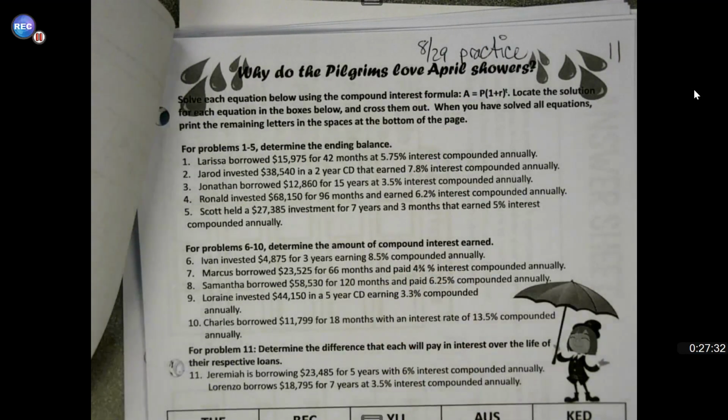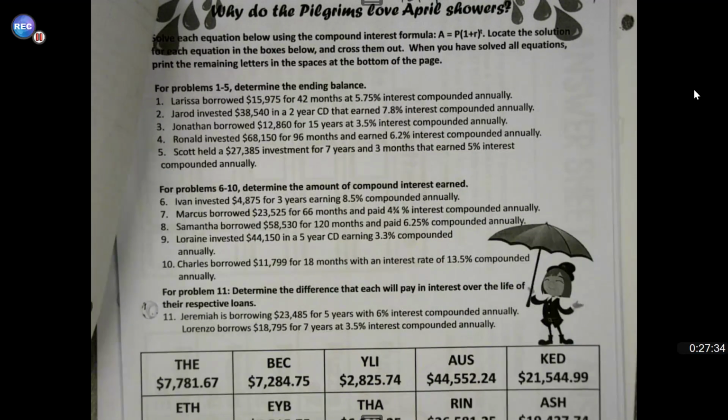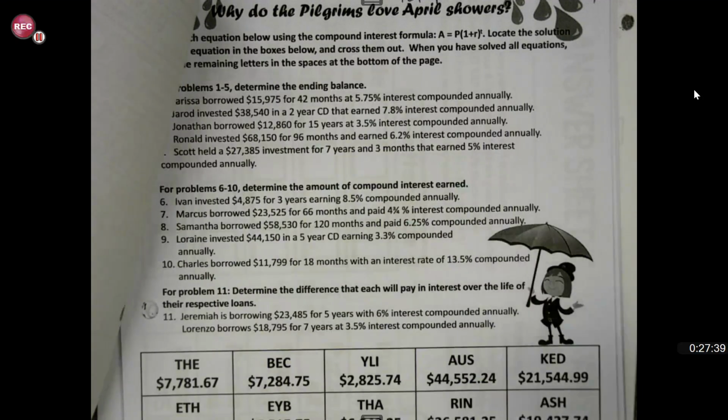Work through these. The answers are at the bottom. If you want to do the puzzle that goes with it, do the puzzle. It actually does a phrase this time, not just random letters. But if you just want to do math with it, that's fine. Okay? That's for compound today.